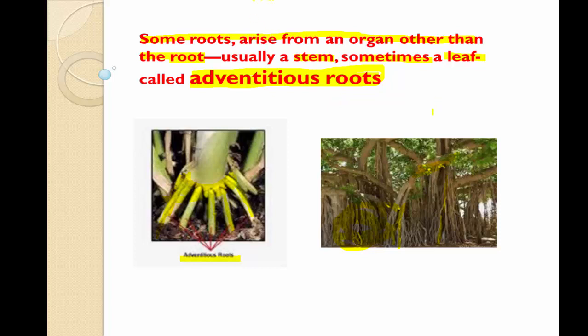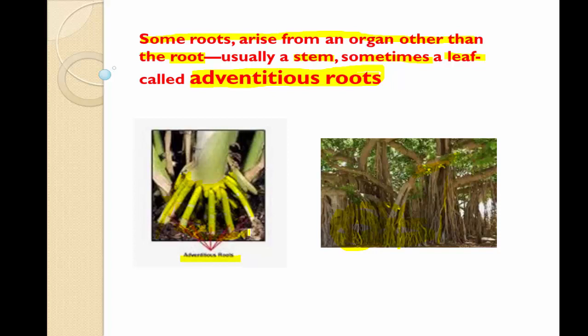The banyan tree belongs to the dicots. In dicots these roots are called prop roots, and in monocots these adventitious roots are called stilt roots. The names are different, but both of them provide mechanical support.